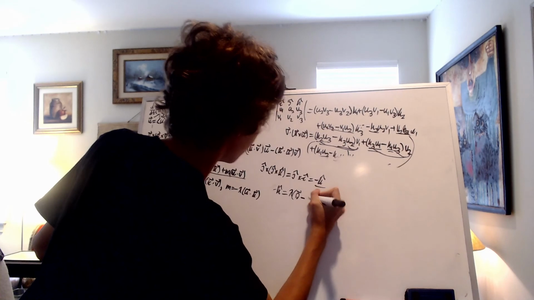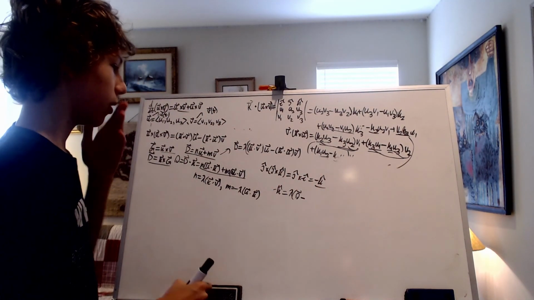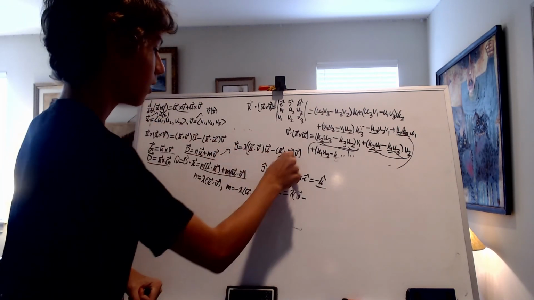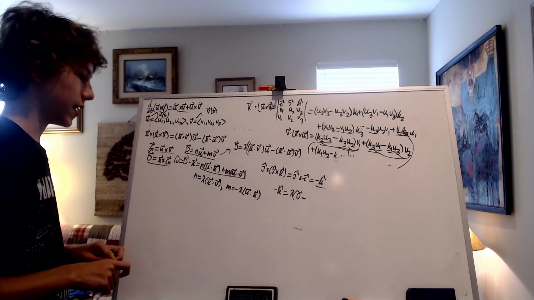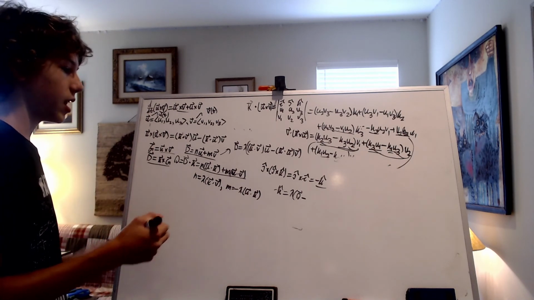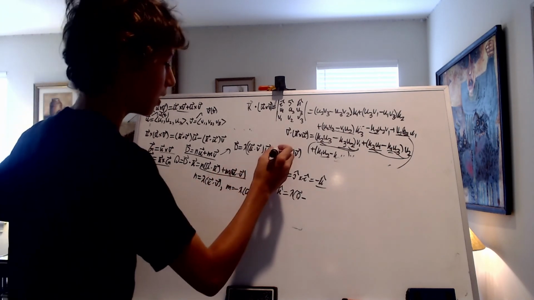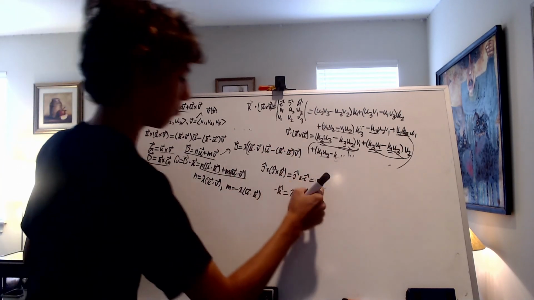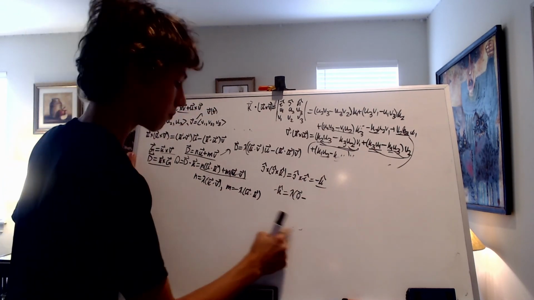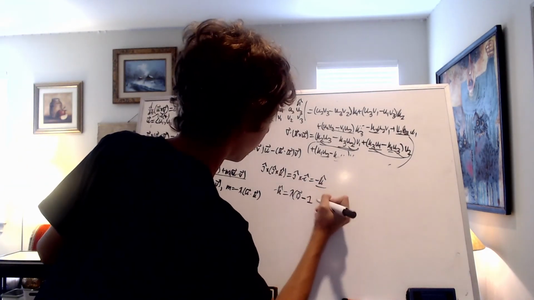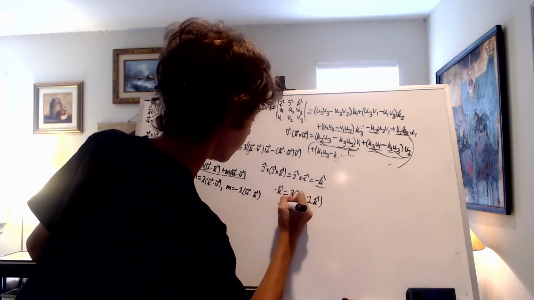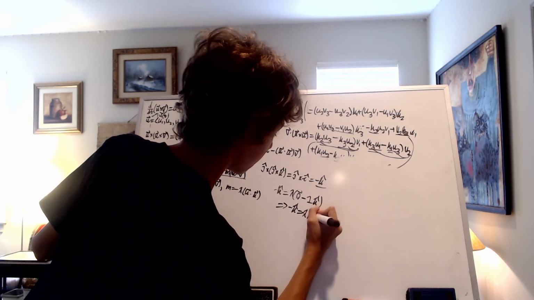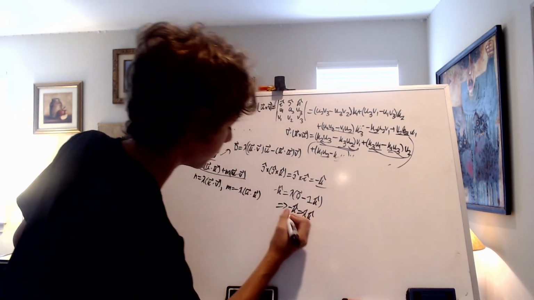So we get 1 times k hat, which implies that negative k hat equals negative lambda times k hat. But that just tells us that lambda equals 1.